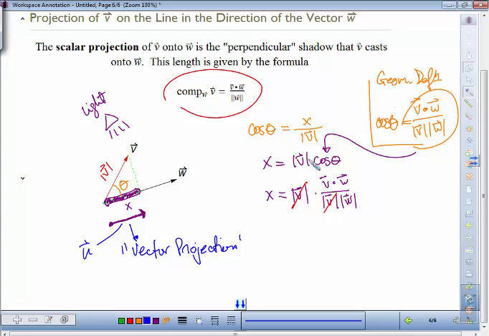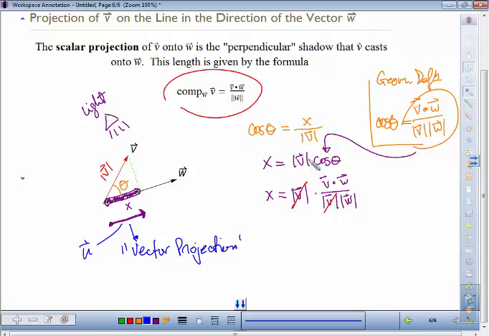So I want a vector going in the same direction as another vector, but scaled to a specific length, to a specific magnitude. I want a vector going the same direction as W, but scaled.